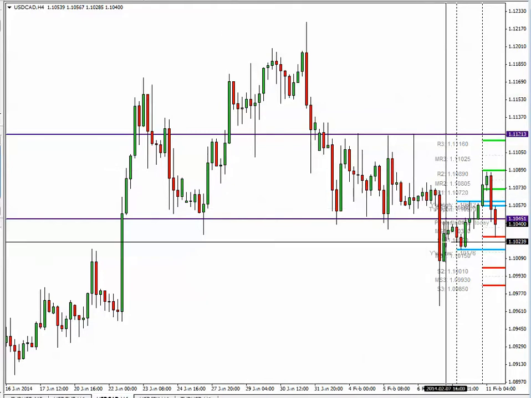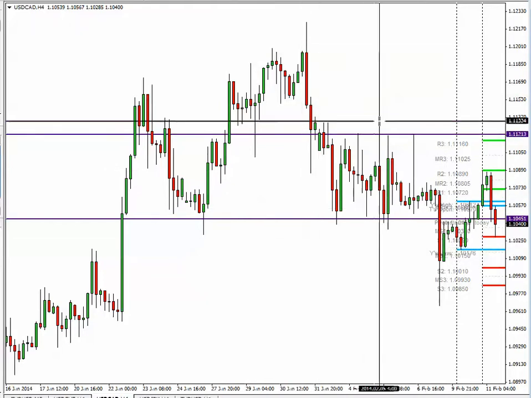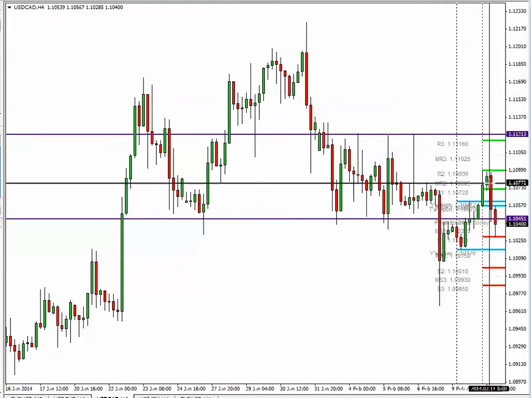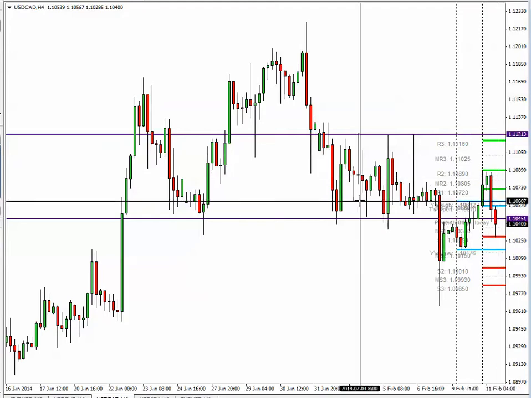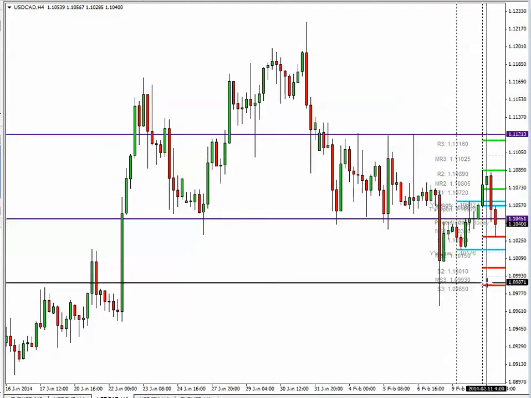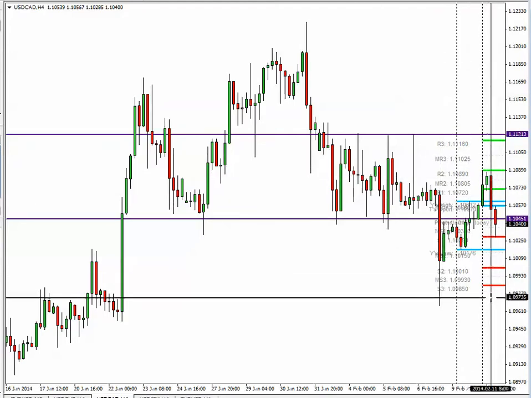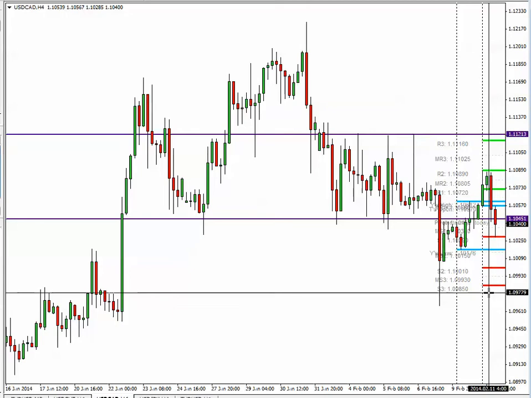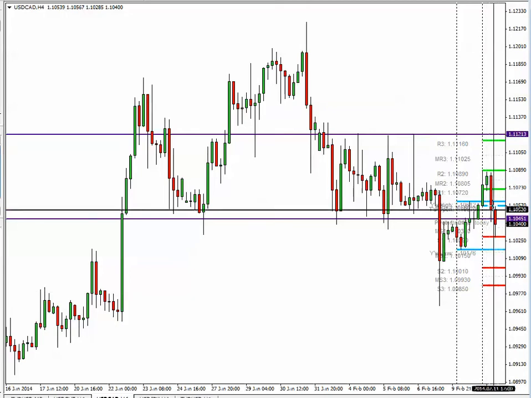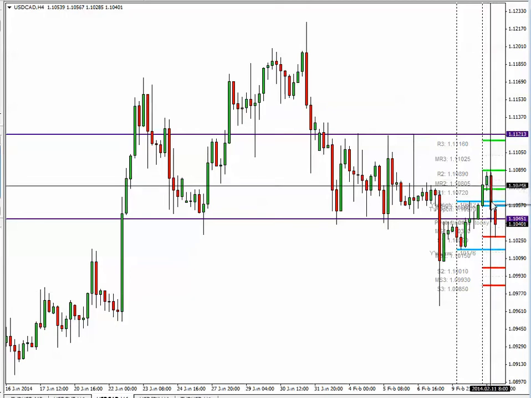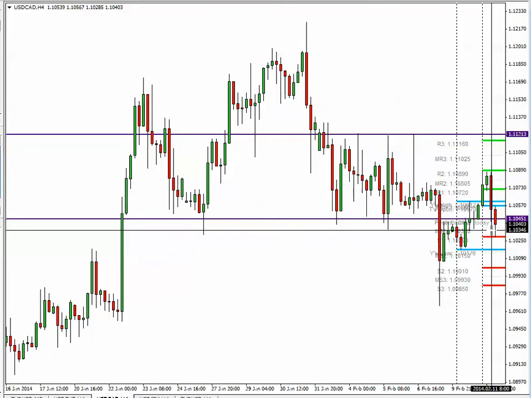It is descending right now, with a top and a few lower highs and a few lower lows. It is mildly neutral as of right now, and I think the catalyst for this is going to be the release that Yellen is going to come out with later on today.